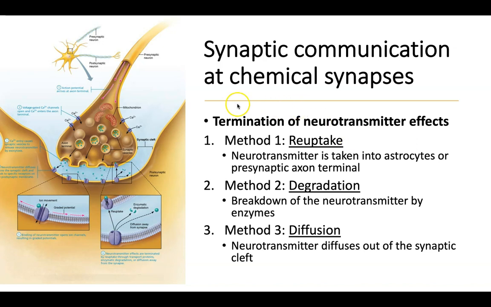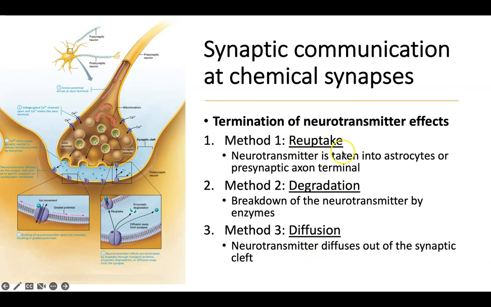And so we need to quickly terminate neurotransmitter effects. Remember, there's all this neurotransmitter binding to postsynaptic receptors, causing hyperpolarization or depolarization in the postsynaptic cell. We need to get rid of that quickly to terminate the effects. And there are three basic methods for doing that.